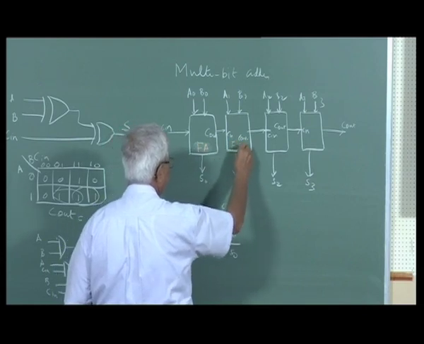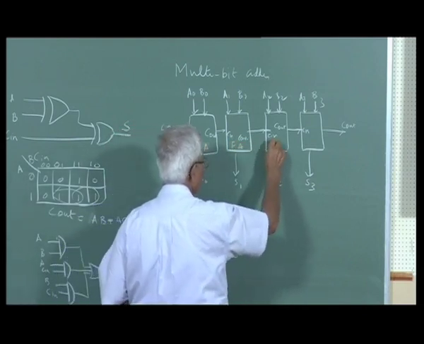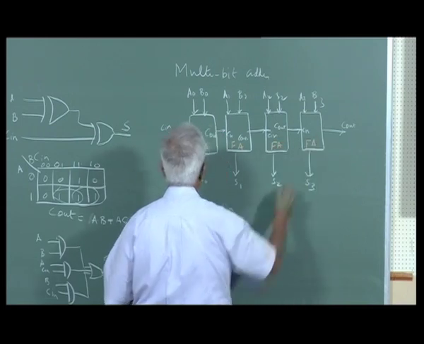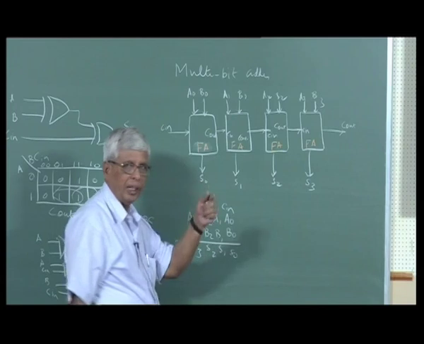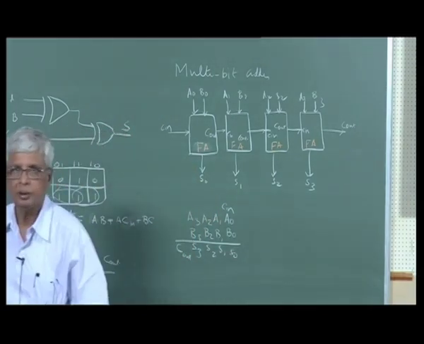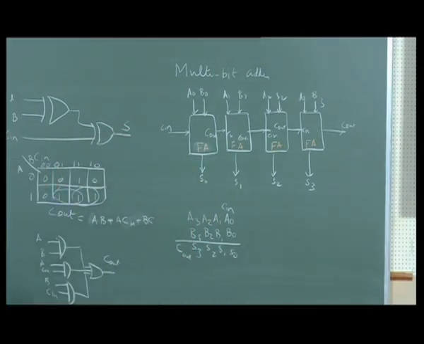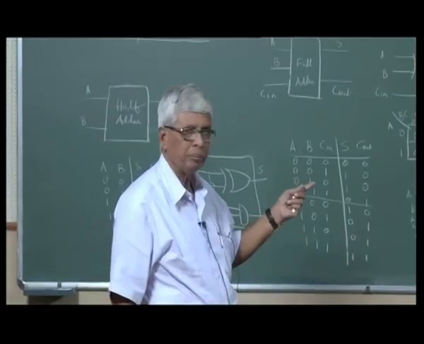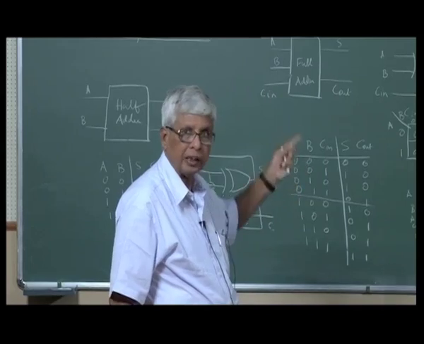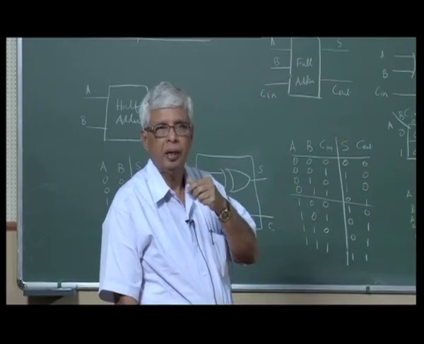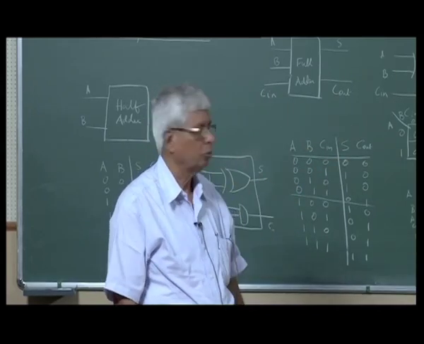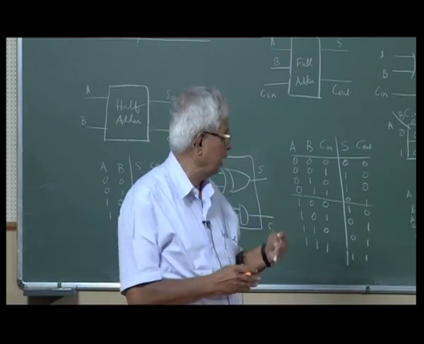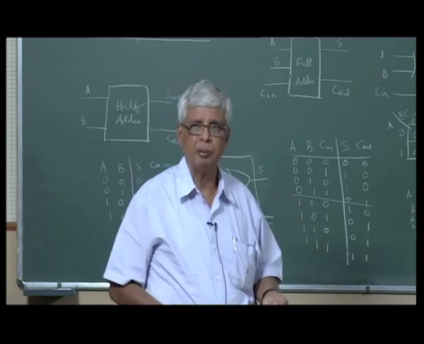There are 4 full adders, each having 1 bit of A and 1 bit of B as inputs and carry from the previous bit position as input. Output will be a sum and a carry out which goes as input carry to the next bit. Very first stage, C in may not be there, it may be 0.